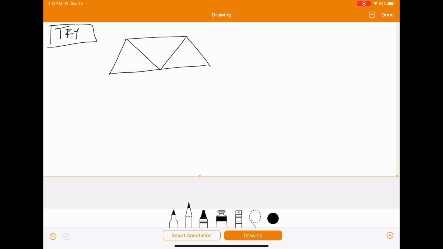You've got a pin here and a roller here, and it's going to be 10 feet tall with 3 feet, 6 feet, 6 feet, 3 feet.